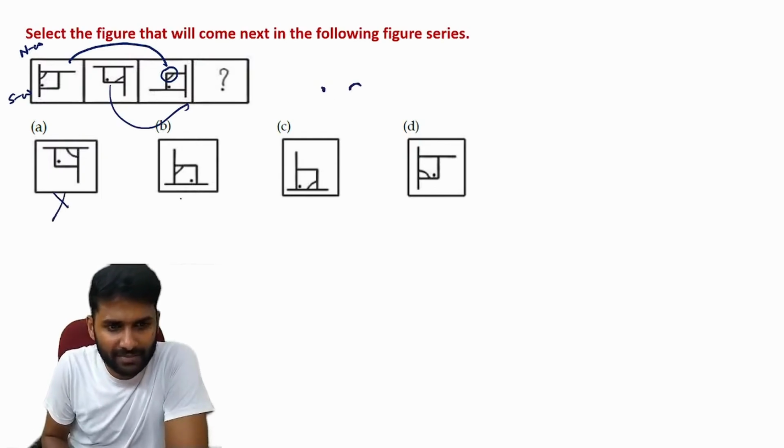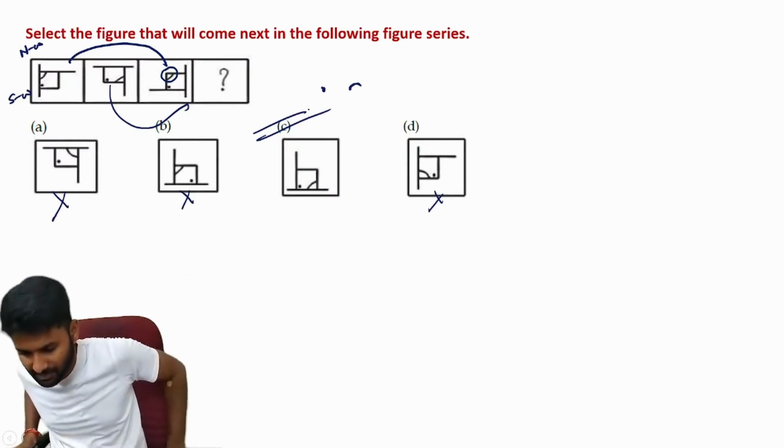If you observe that, A is eliminated, B is eliminated, D is eliminated. The suitable answer is C.